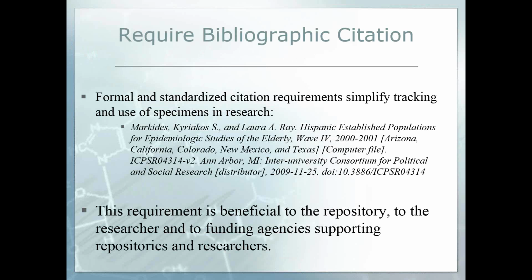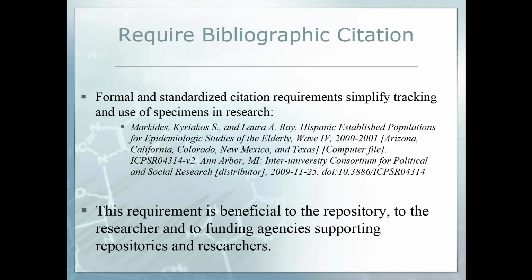When we work with groups like ISBER, for example, we offer advice. One of the things we argue is that biorepositories, when they release tissue samples or information for analysis, there should be a standardized citation, such as we use at ICPSR, that would identify that the sample came from such and such a repository.